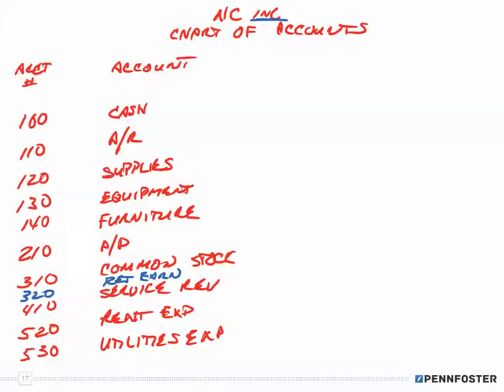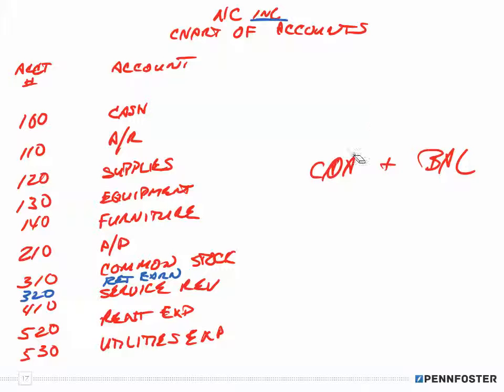We created this chart of accounts. Now, remember, a trial balance is nothing more than a listing of your accounts, which is your chart of accounts, and the balances in those accounts. Okay, that's all that a trial balance is.